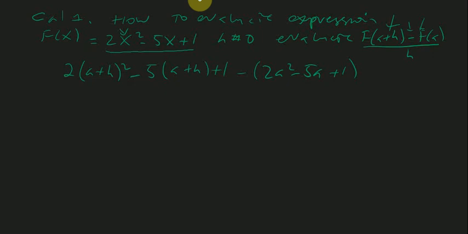Now you have to solve it. If we square this, we learned in college algebra how to do this: a times a, a times h, a times h, and h times h.